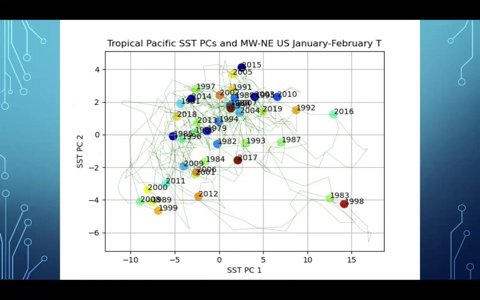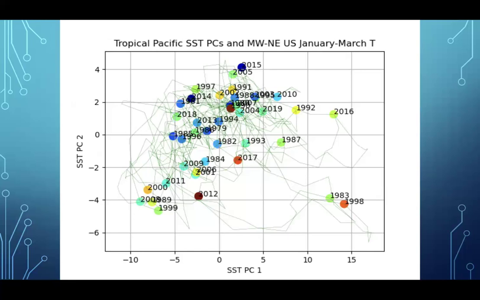This is now January to February mean, and it's clustering even more toward the top. And January to March starts to decluster and spread back. So just going back again, this is January to February, and January, February, and March.